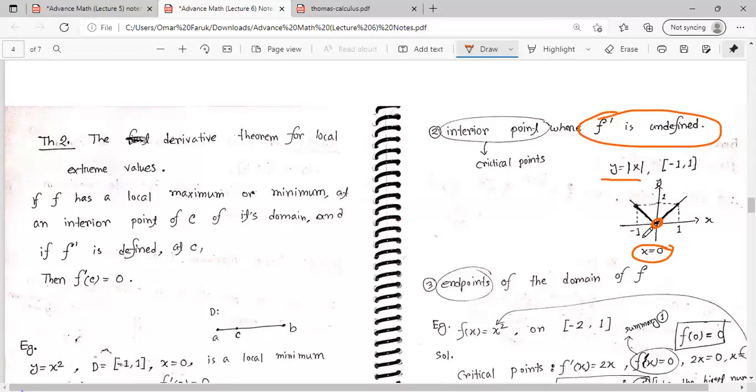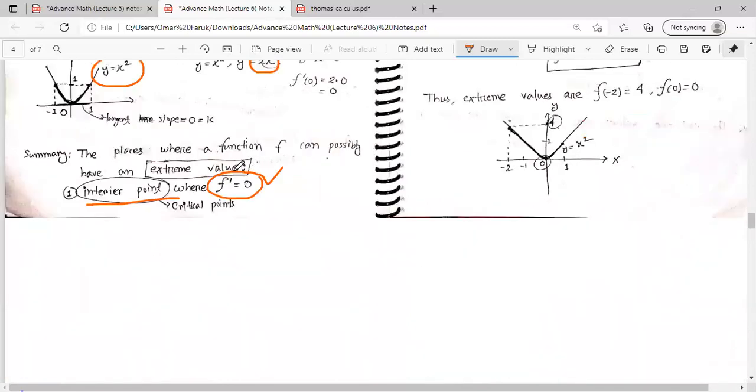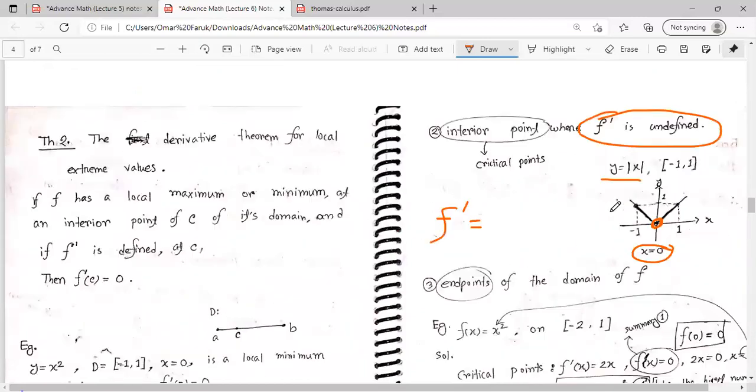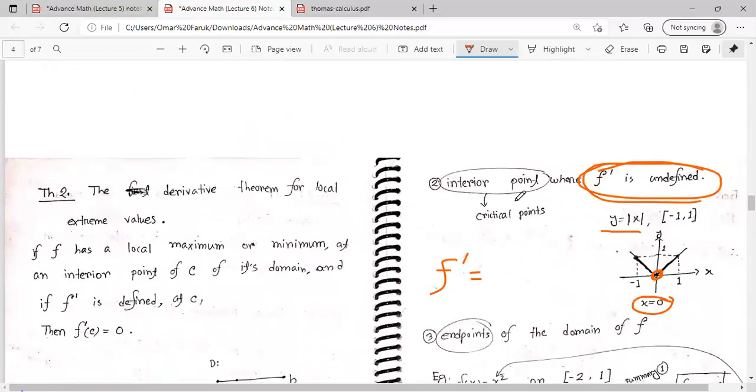Differentiable means f derivative exists, so here it is undefined. So these 2, f dash is equal to 0 and f dash is undefined, are called critical points.